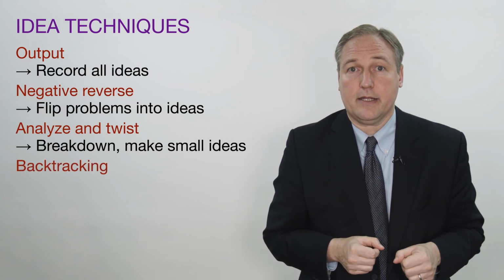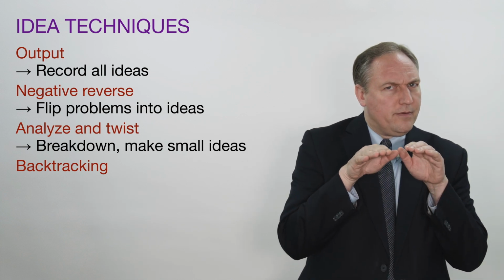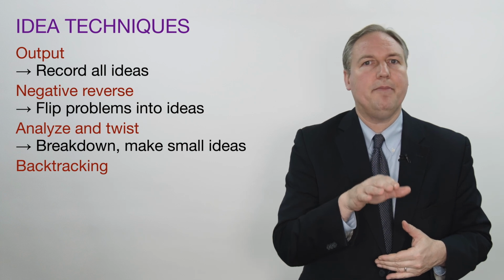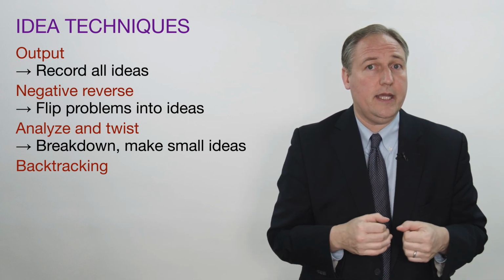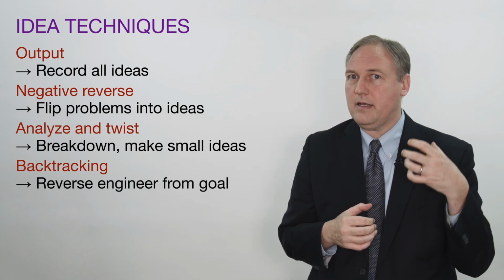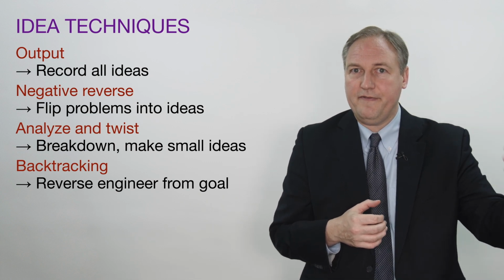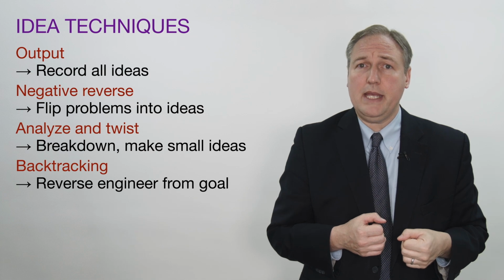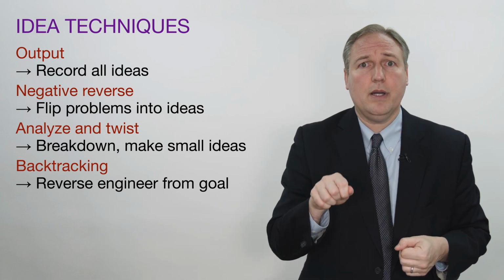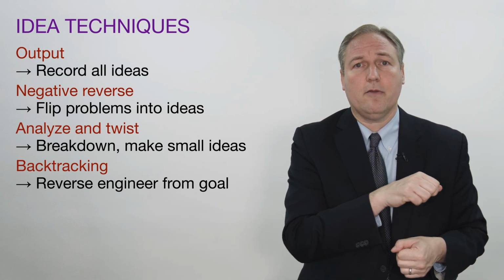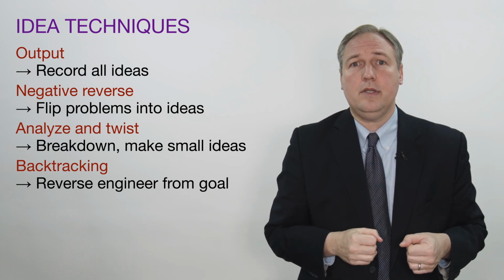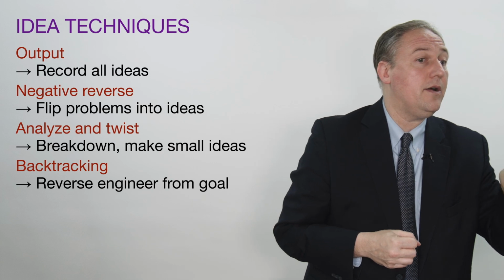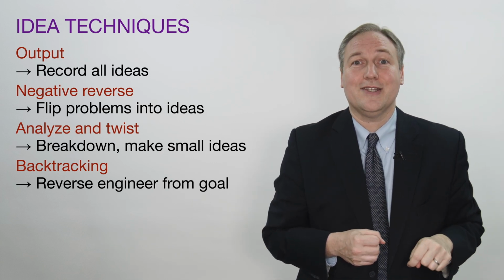Next, backtracking. This is where when you face the problem, you're trying to find a solution and you're just not making progress. In that case, imagine yourself at the achieved finish line looking back. Just like when you do a maze, well, starting at the beginning, you bump into walls. Start at the end and you can work your way out of it. Climbing a mountain, it's a lot easier to start on the top, looking down to see which route is the easiest.